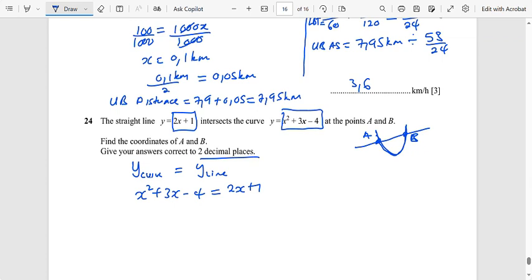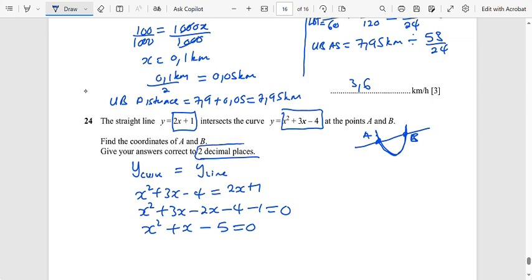So automatically I would have formed a situation which requires me to use a quadratic equation. So I will leave the right hand side with 0. So I have x squared plus 3x minus 2x minus 4 minus 1 is equal to 0. So x squared plus x minus 5 is equal to 0.